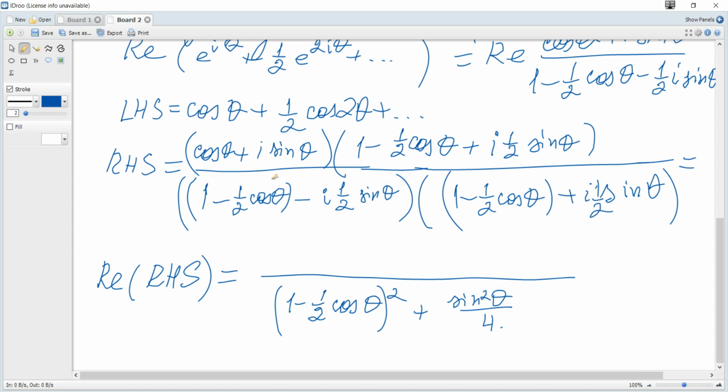We get terms without i when we open the parentheses only when cosine is multiplied by 1 minus cosine over 2, and when i sine is multiplied by i sine over 2, so it becomes i squared = -1, so it will be minus sine squared θ over 2.